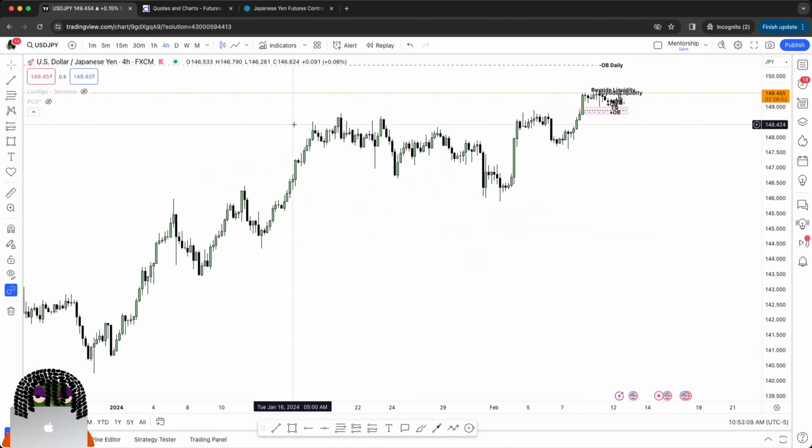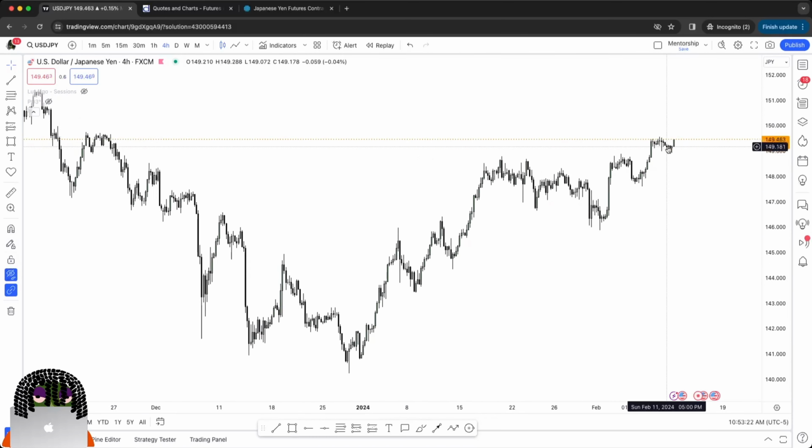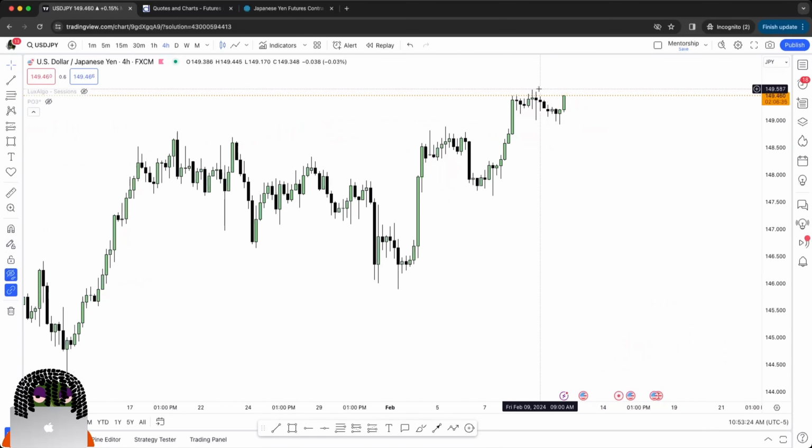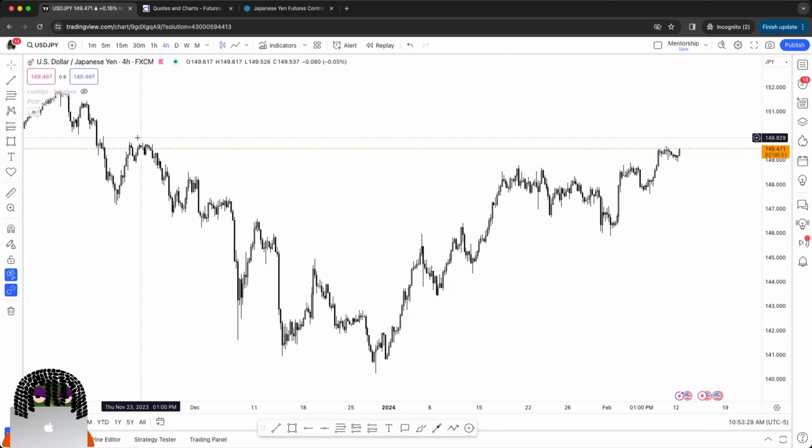Like I said, I believe it's gonna come here. I don't know when, but I believe it's gonna come here. But for sure, I believe it's gonna run this high right here. And if it runs this, I believe it's for sure gonna run these highs right here, and then this high maybe today or tomorrow, we'll see.